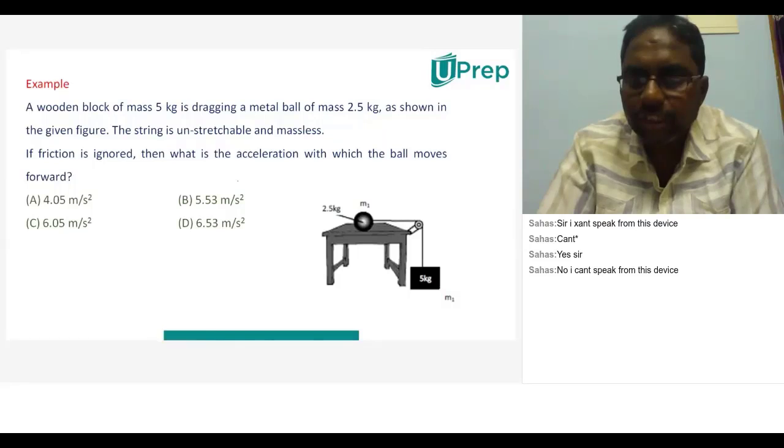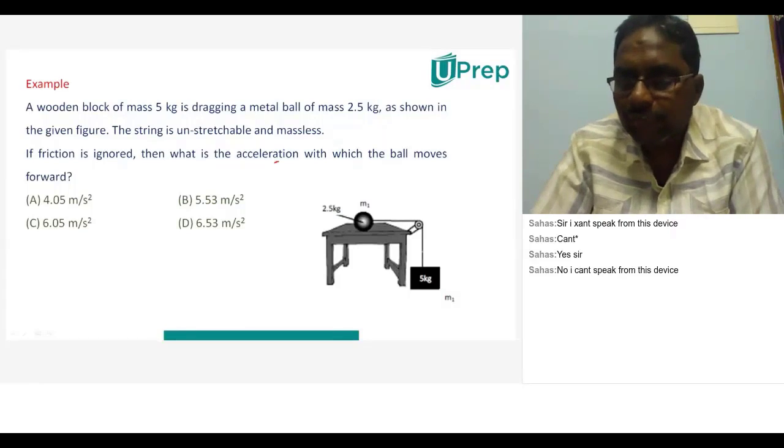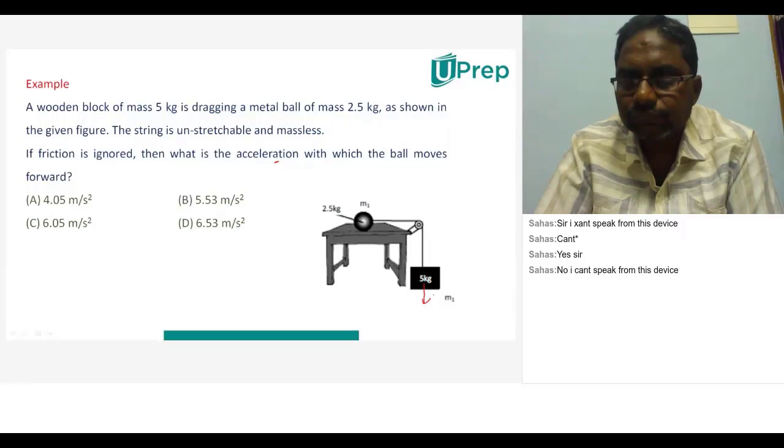Now see here. This 5 kg mass is there, no? The 5 kg mass will be pulled by earth, that will be the weight of the object, and this weight will act in this string.